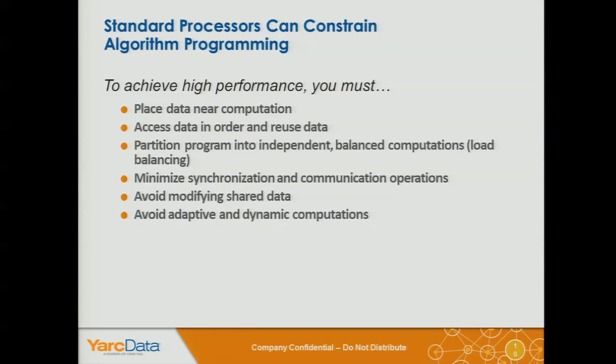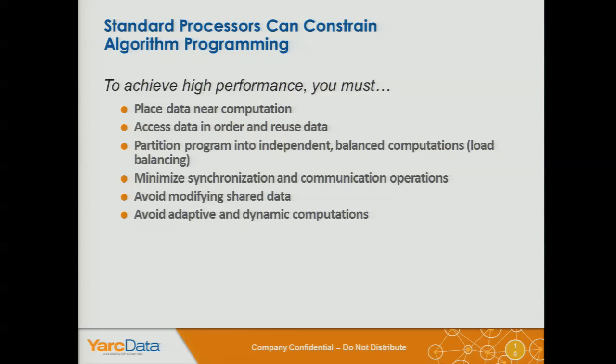Now, here I'm trying to explain the difference between the algorithms you would run on an XT5 or an XE6 and what you might want to do on an XMT2. There's a lot of experience in the room on how to achieve high performance on these large distributed memory machines. You need to place data near the computation. You have to have as much data reuse as you can.